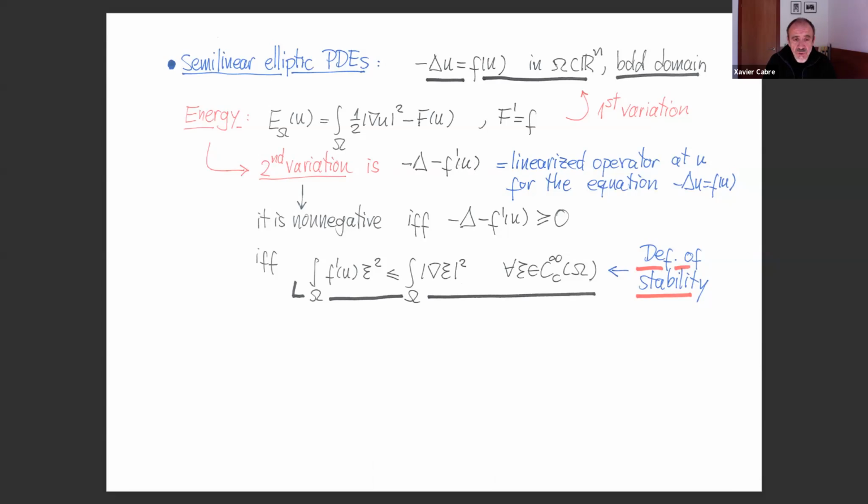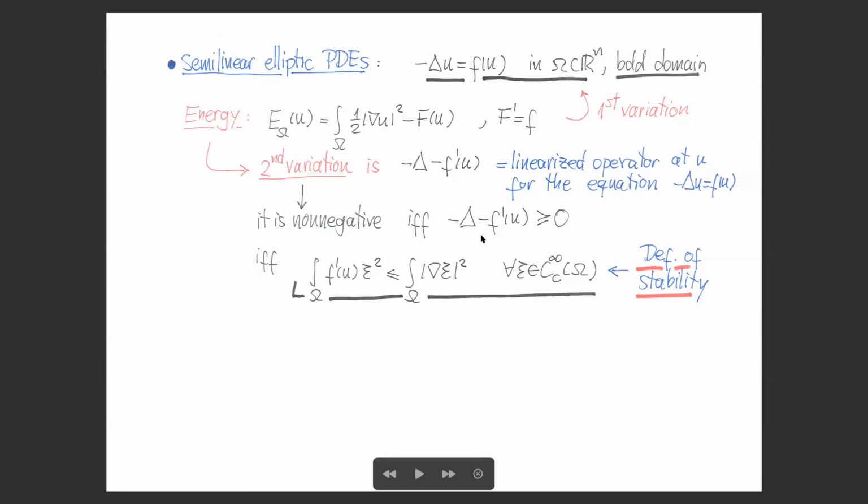When the second variation is non-negative, we say that the solution is stable. Non-negative means exactly that the operator is non-negative definite among functions that vanish on the boundary, or if you want, C-infinity functions with compact support in Omega.